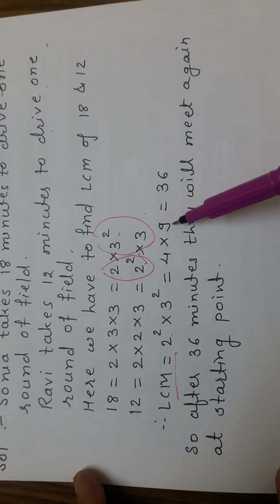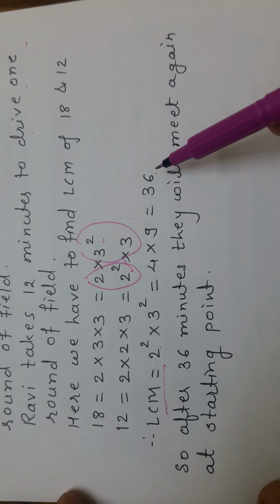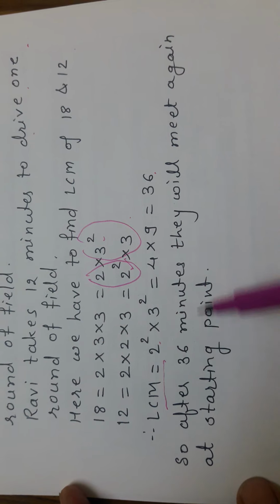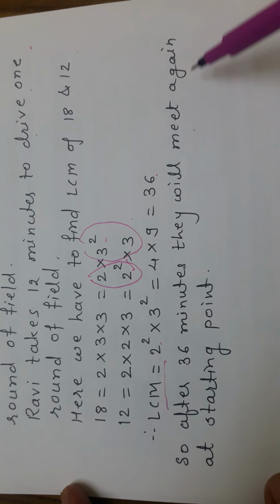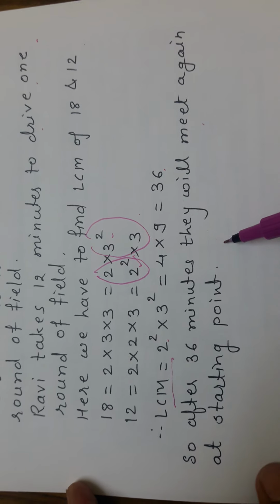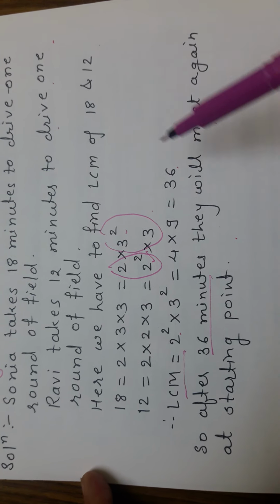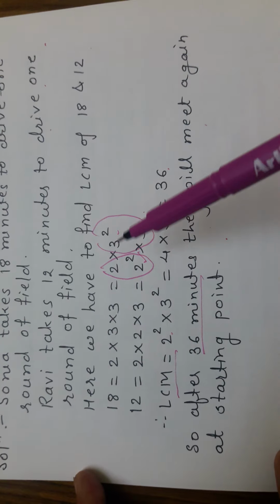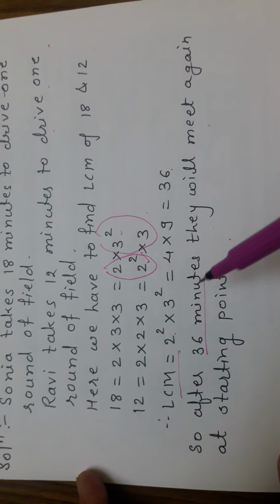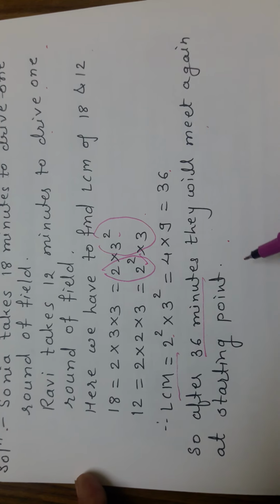That's why 4 into 9, which is equal to 36. So after 36 minutes they will meet again at the starting point. After 36 minutes Sonia will cover 2 rounds and Ravi will cover 3 rounds, and they will meet at the starting point.